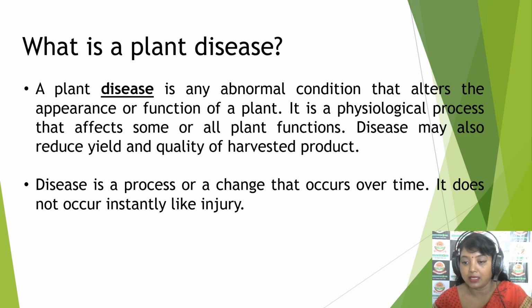It doesn't happen suddenly or at one time; it takes some time to show its result. Because of that, we can do management and control the disease by seeing some of the symptoms. It does not occur instantly like an injury. It has a proper cycle, by which it starts showing symptoms. So that is the definition of a plant disease.